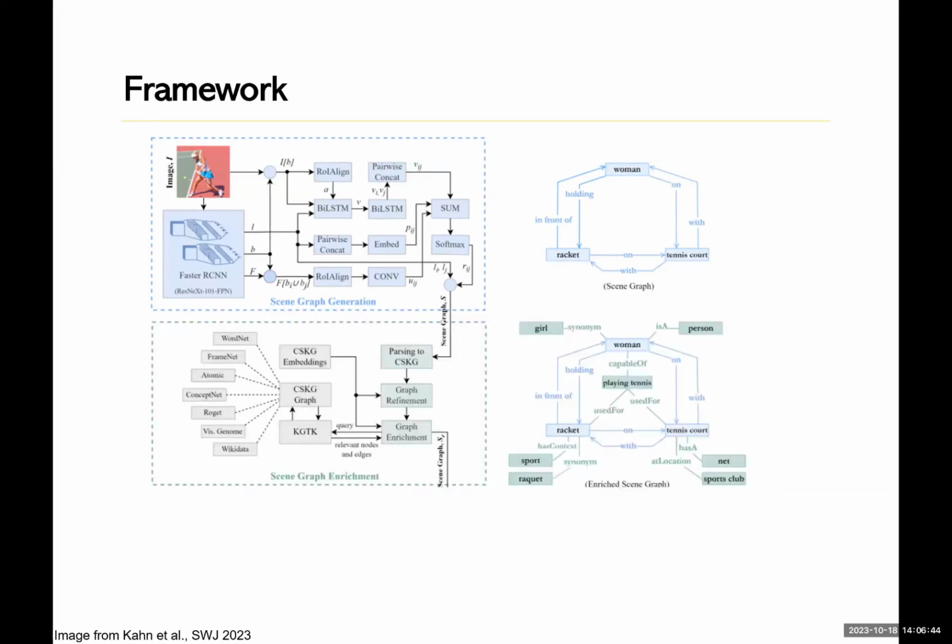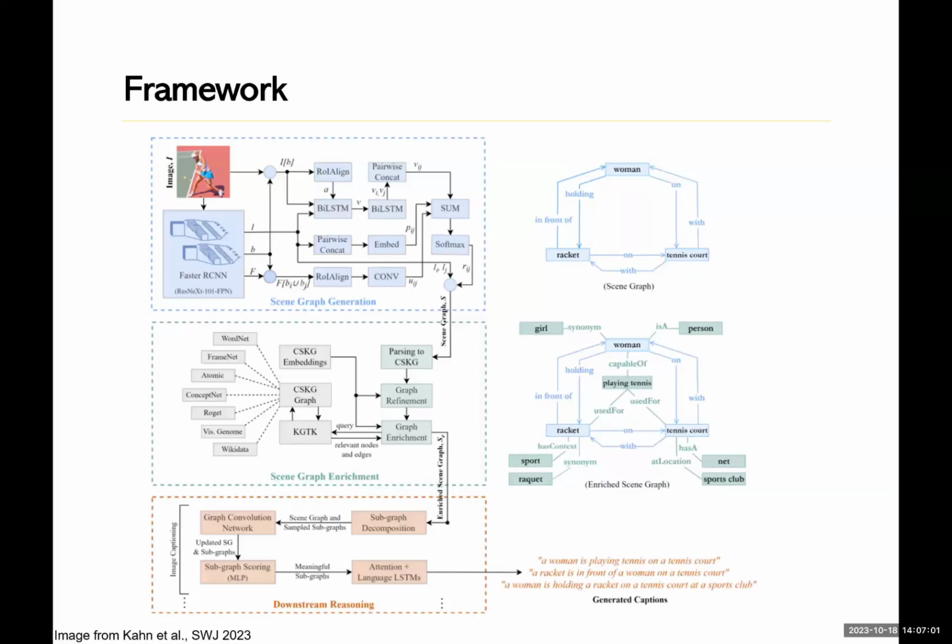Then going through this process where you have the knowledge graph and the embedding of each node is compared with a triple in the knowledge graph to check for alignment. I'll do that in a moment. And then, of course, pass it to downstream reasoning. So whatever application you're using this for.